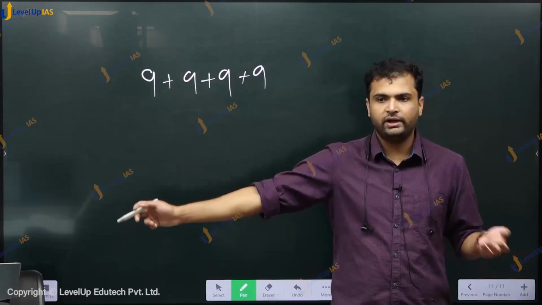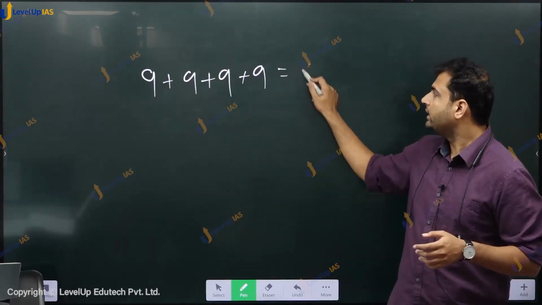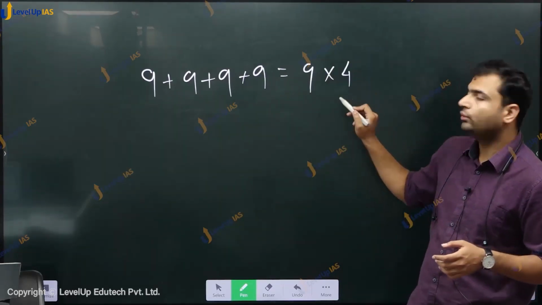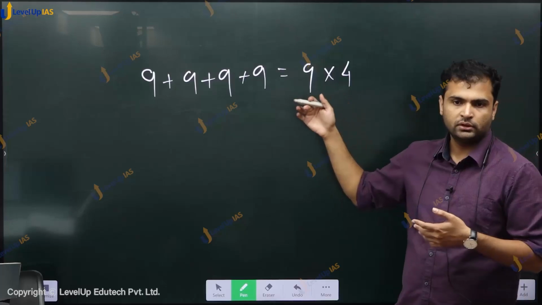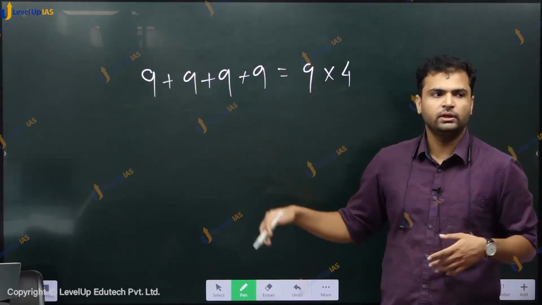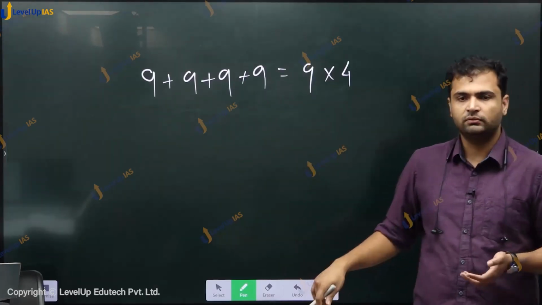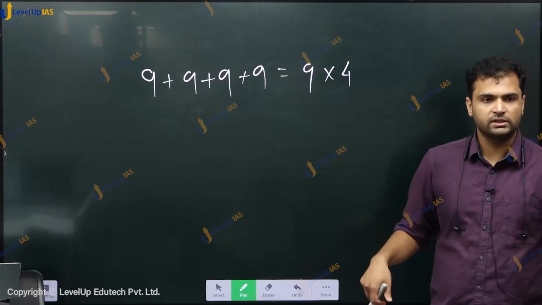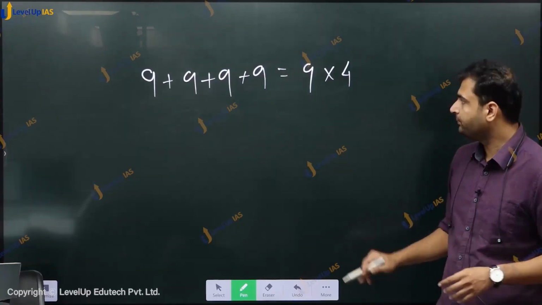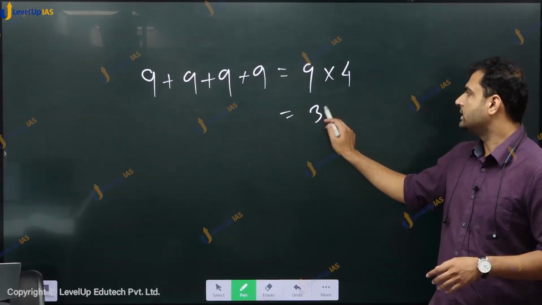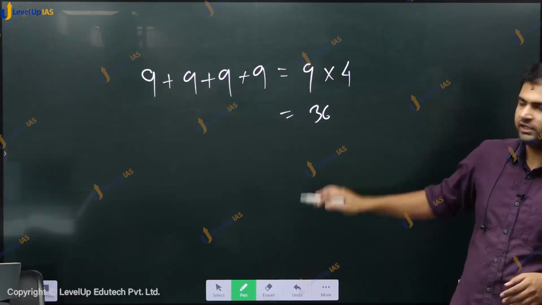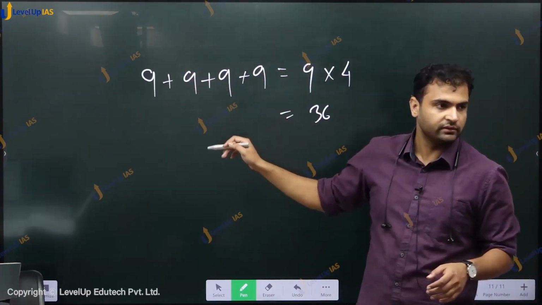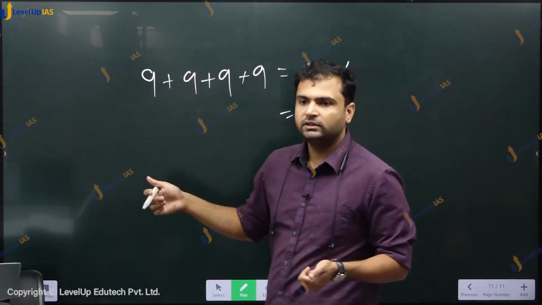Instead of writing it this way, how do we write it? We write it as 9 into 4, 9 times 4, or 9 fours are. Whenever we look at tables, we talk in terms of 9 ones are, 9 twos are, 9 threes are, etc. And the answer is 36. It is nothing but repeated addition. Multiplication is repeated addition.